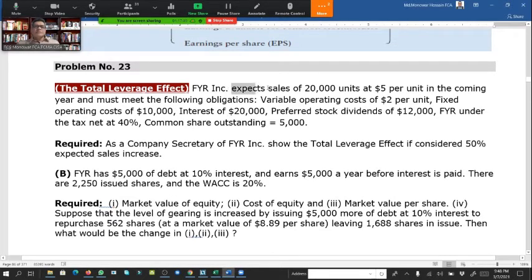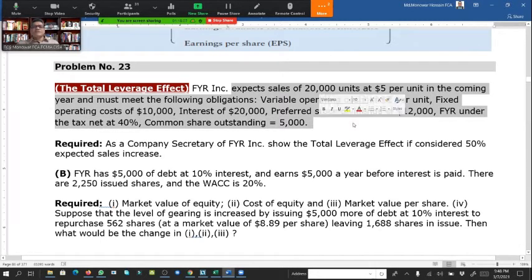One company expected to sell 20,000 units at the rate of $5 per unit in the coming year, and must meet the following obligations: variable operating cost $2, fixed operating cost 10,000, interest 20,000, preference dividend 12,000 under a 40% tax, common shares outstanding 5,000. So here, as a company secretary, show the total leverage effect considering a 50% expected sales increase.